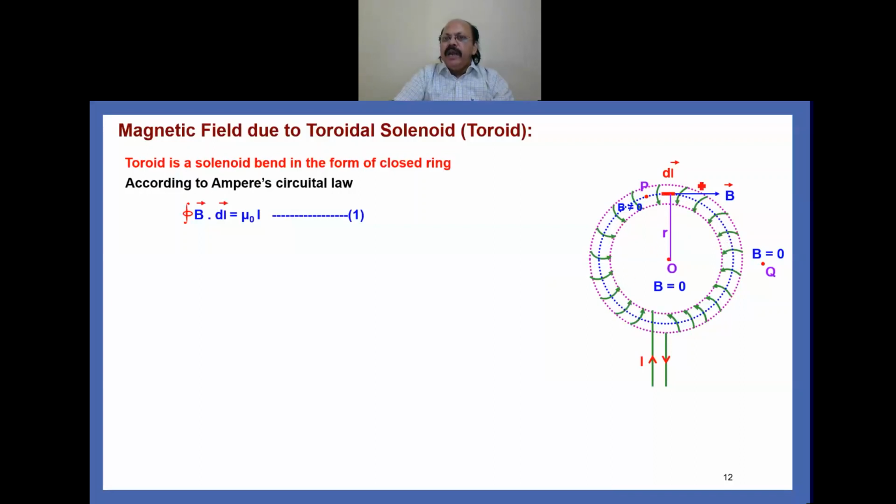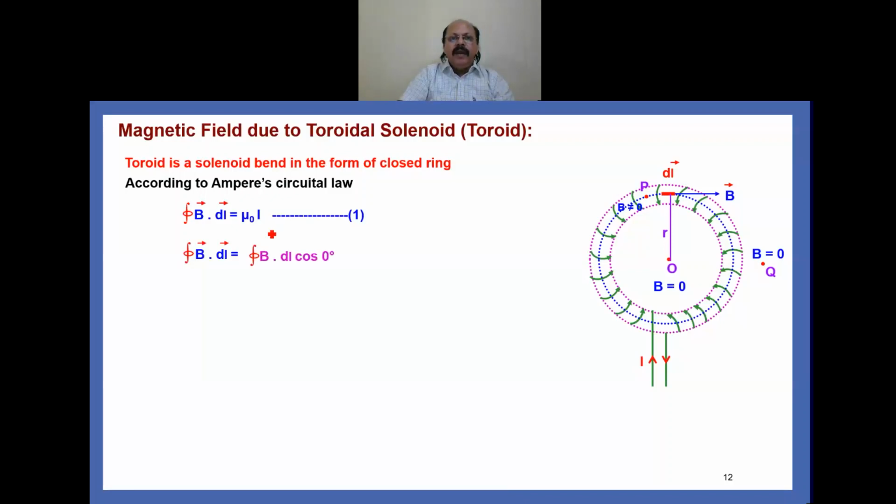Then we draw a tangent to it, which gives the direction of the magnetic field. Take a small length element dl vector. Both are in the same direction, so the angle between them is 0. And this Amperian loop radius is small r. Then we apply Ampere circuital law, which is closed integral B vector dot dl equal to mu naught I. First we calculate closed integral B vector dot dl.